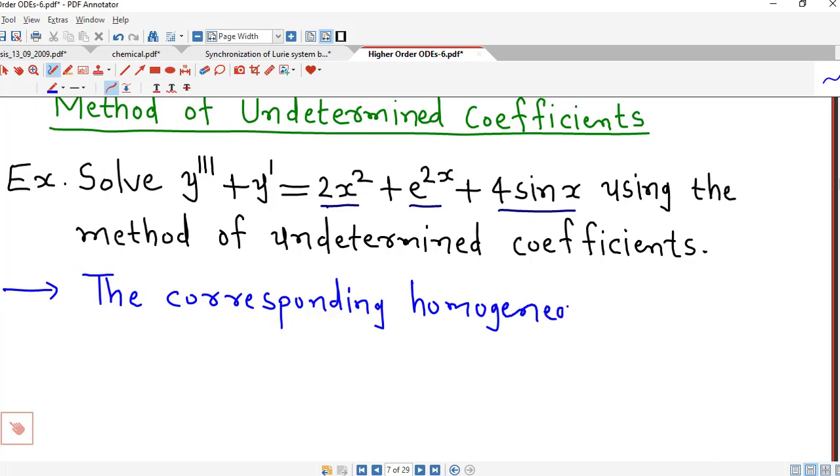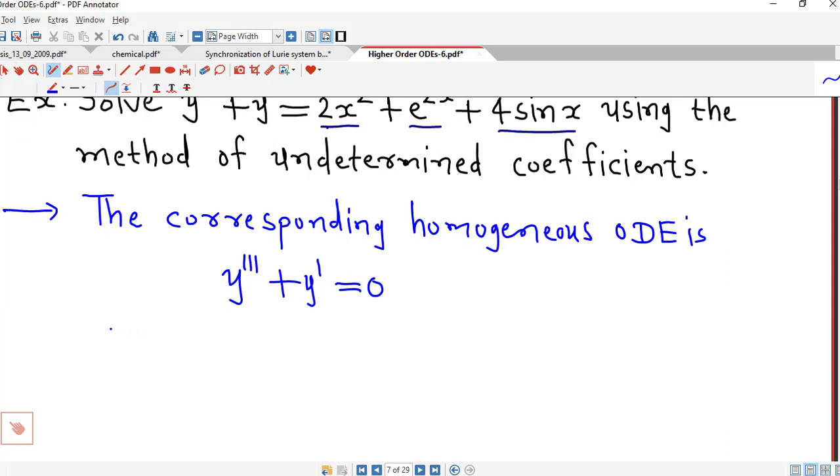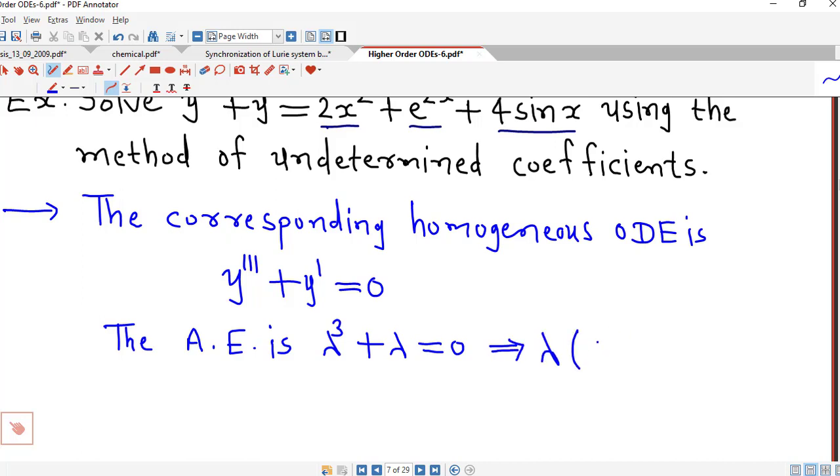Here the left hand side of the given equation is y triple dash plus y dash, and we consider the right hand side equal to 0 and solve this equation. First we write its auxiliary equation. The auxiliary equation is lambda cube plus lambda equal to 0. So here we can take lambda common, so we have lambda times lambda square plus 1 equal to 0.